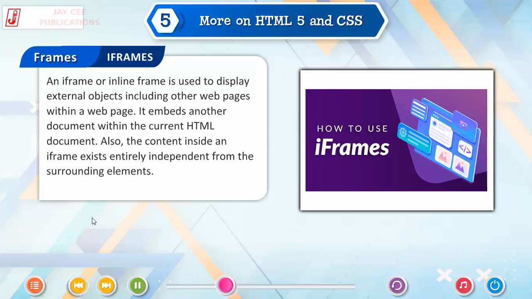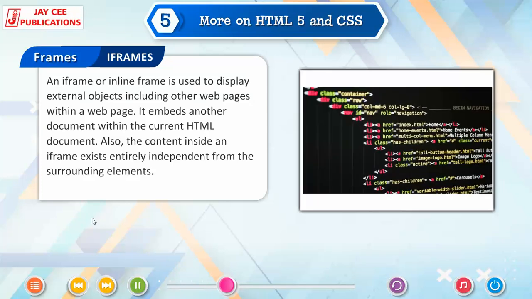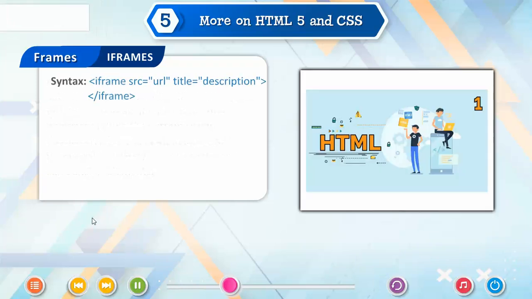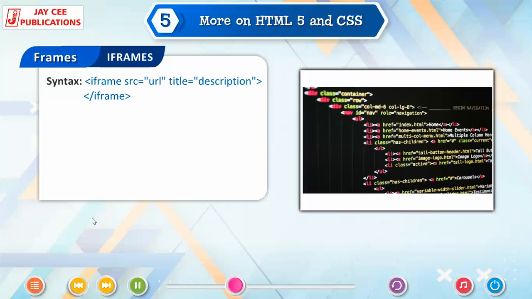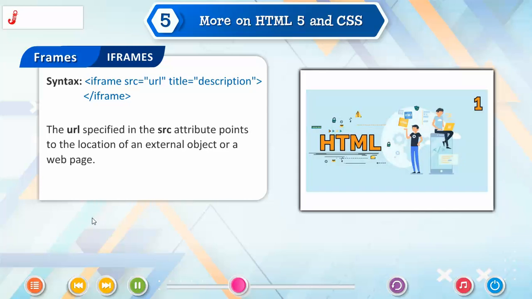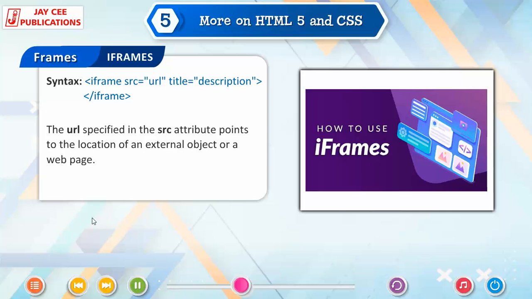Also, the content inside an iframe exists entirely independent from the surrounding elements. Syntax: iframe tag src is equal to URL in double quotes, title is equal to description. Close iframe tag. The URL specified in the src attribute points to the location of an external object or a web page.